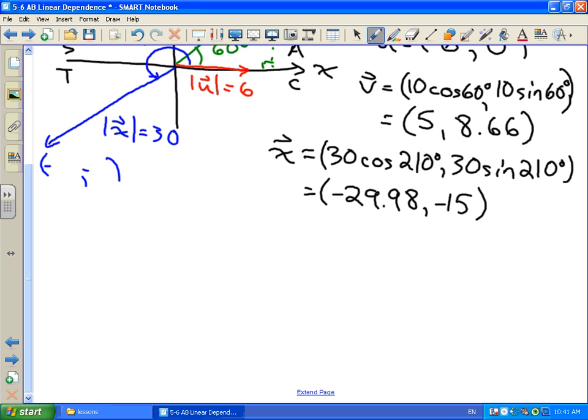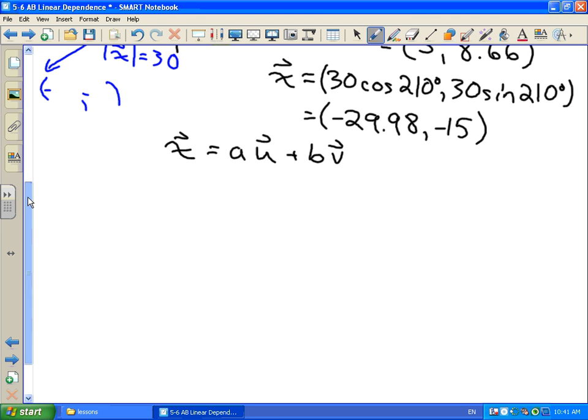Now the question is exactly the same as the last one we did. We want to express x as a linear combination of u and v. So we can write x equals au plus bv. We can put in our vectors that we've just calculated.